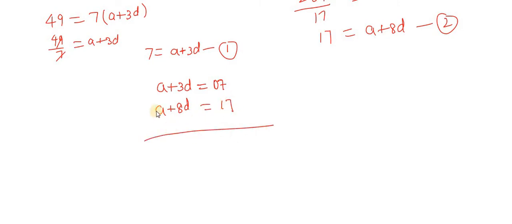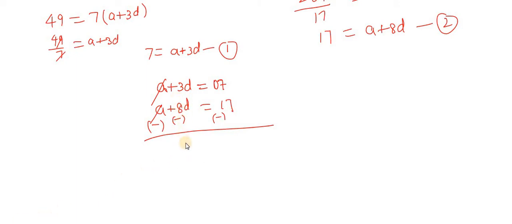Now what you will do, change the sign of the second equation. If it is plus, you need to change to minus, and when it is minus, you need to change to plus. Why? Because plus and minus get cancelled. So here a minus a gets cancelled. 8 minus 3 is nothing but 5.